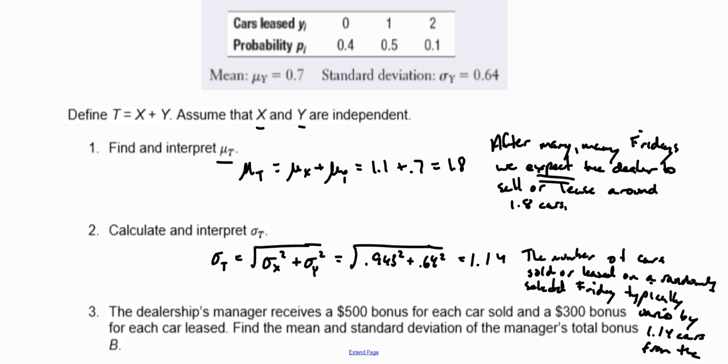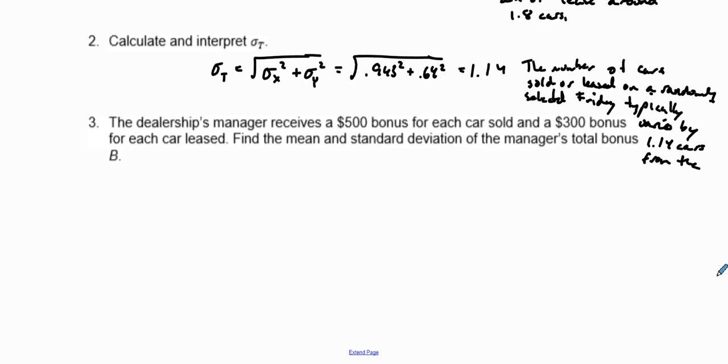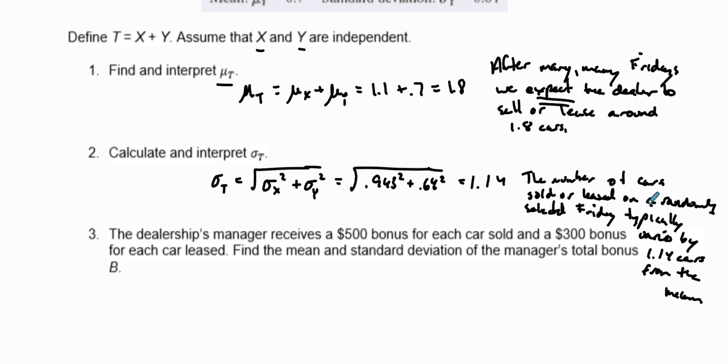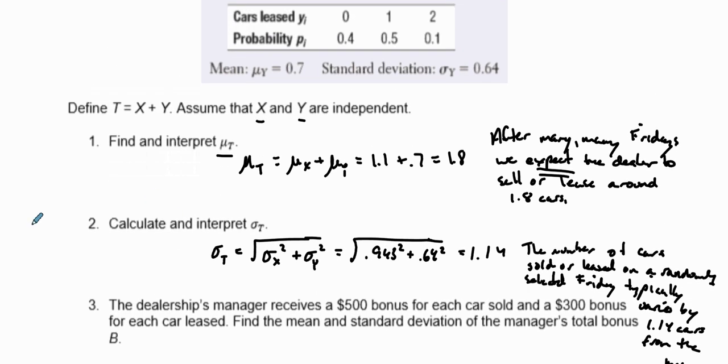And so what we have right here is the number of cars sold or leased on a randomly selected Friday typically varies about 1.14 cars from the mean. And that's what a standard deviation is.